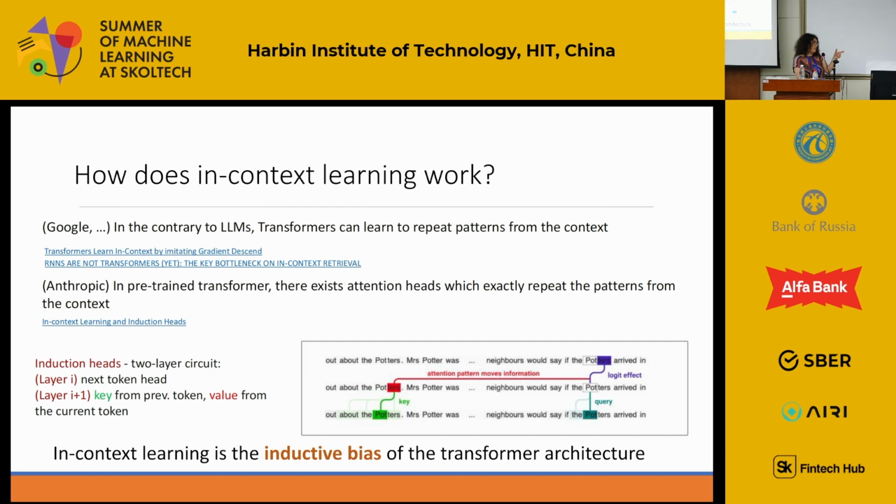For example, convolutional neural networks are supposed to be used for images, and it's their inductive bias which is reflected in their architecture. So the transformer architecture is good for sequences where we should extract patterns from the beginning of the sequence to do something at the end of the sequence. So not only by training.